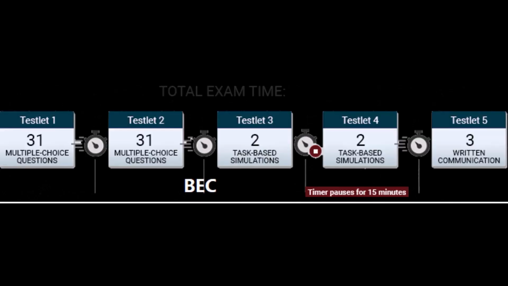For the business environment and concepts section of the CPA exam, you will get 4 task-based simulations, out of which 2 will appear on testlet number 3 and 2 will appear on testlet number 4. You will also get 3 written communications on testlet number 5 of the BEC exam, which is the only section that has written communications.